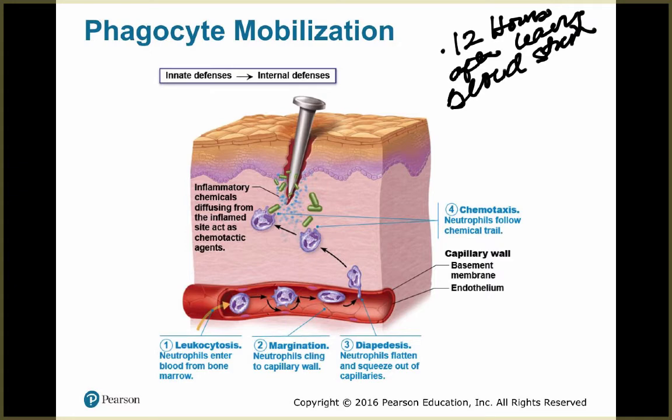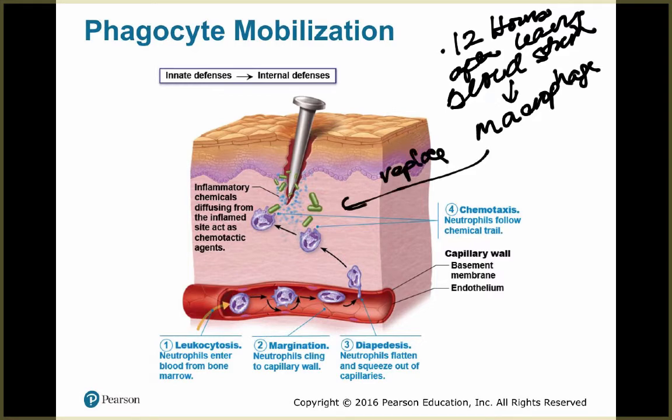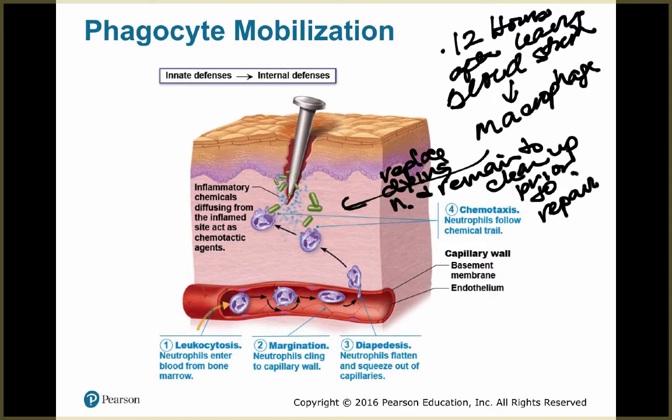Those monocytes are turned into macrophages. These come in and help replace the dying neutrophils, and they remain to clean up, prior to the repair. So this is how the mobilization actually happens.